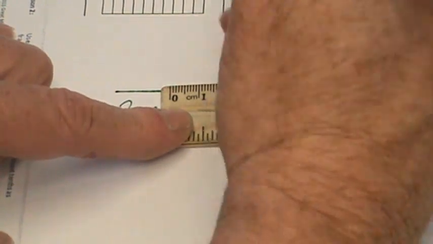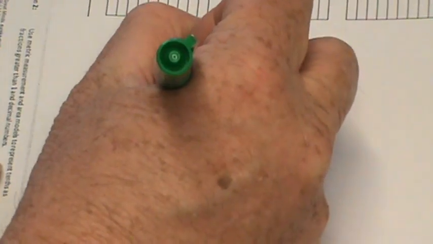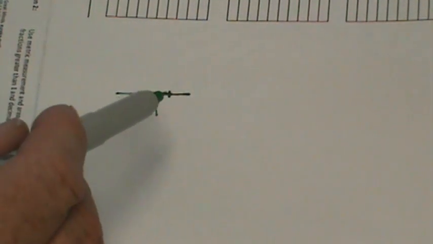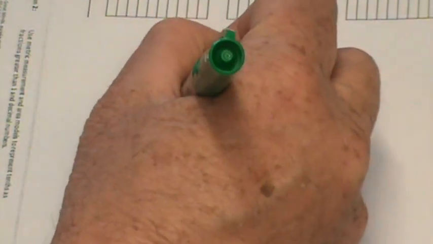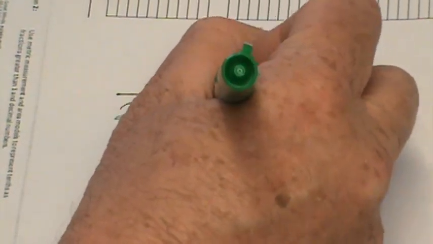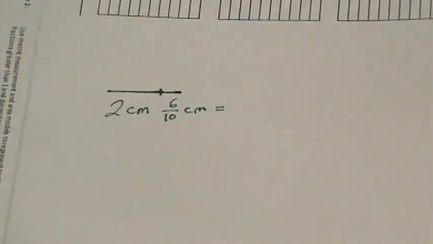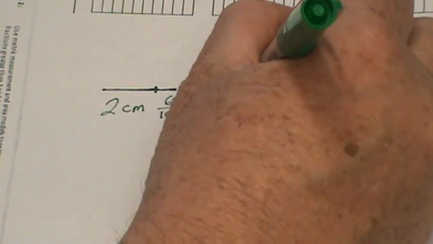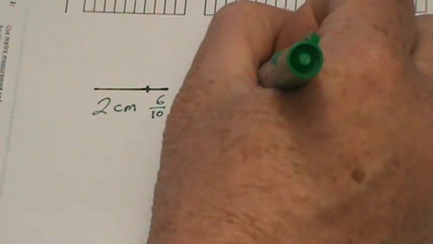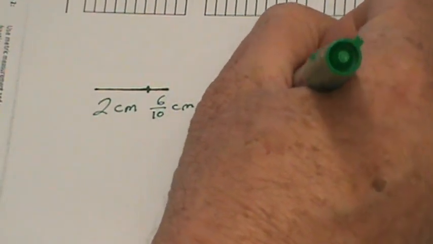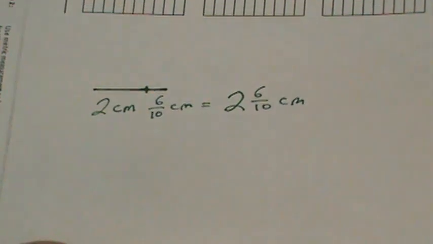If you need to pause to catch up, that's thoroughly understandable. So I have my 2 centimeter mark right here, and I'm adding on another 6/10 of a centimeter. Well, what would that equal? We would have 2 centimeters and the 6/10. So it would just be 2 and 6/10 of a centimeter.